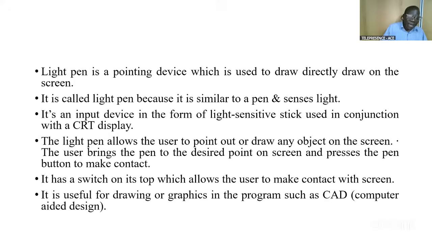It is called a light pen because it is similar to a pen and senses light. It is an input device in the form of a light-sensitive stick used in conjunction with a CRT display.